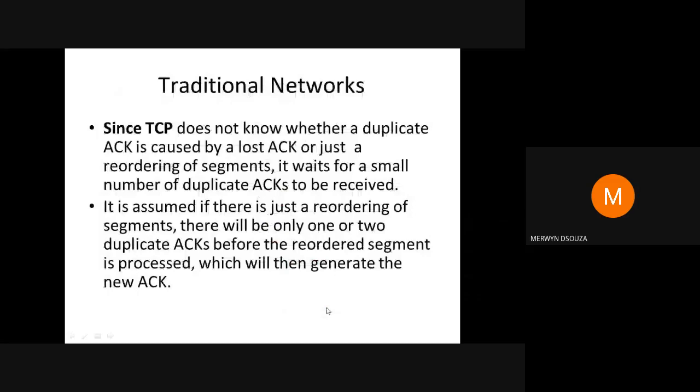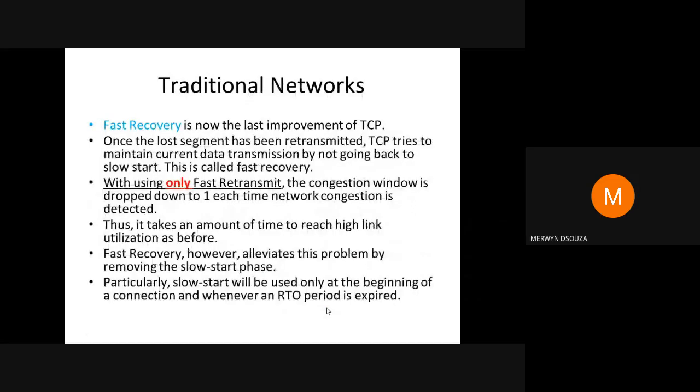Fast recovery prevents the congestion window from dropping to 1 every time some packet is lost. Because every time the congestion window is restarted from 1, the network speed will decrease and it will take a lot of time to reach the high bandwidth speed as before. So fast recovery basically removes the slow start phase.